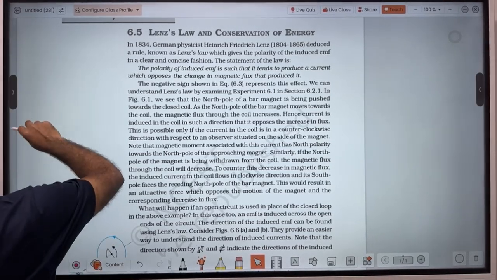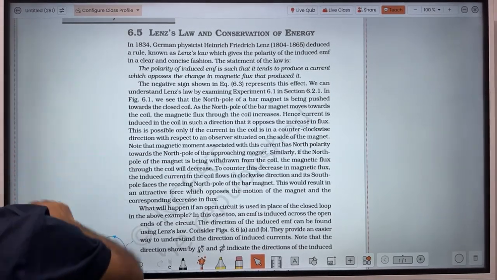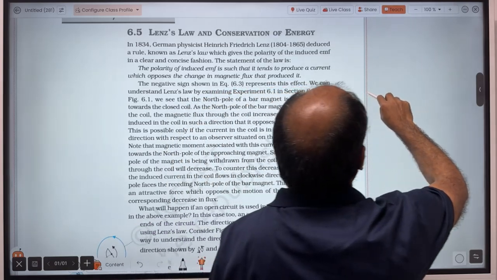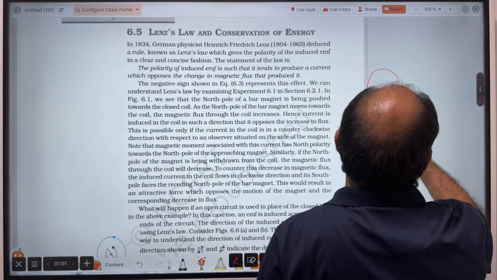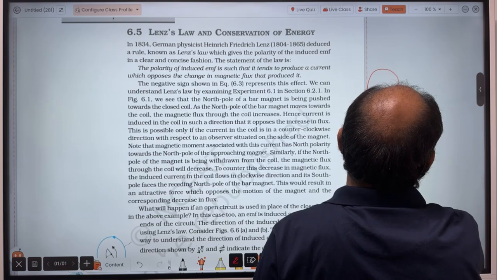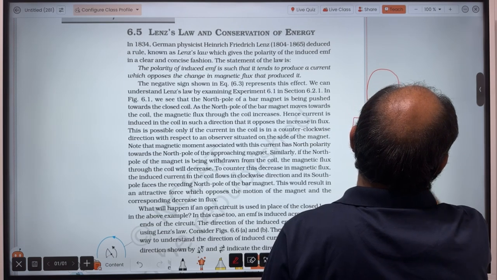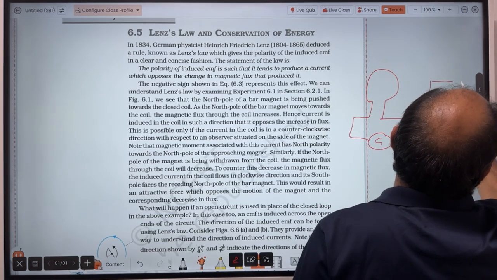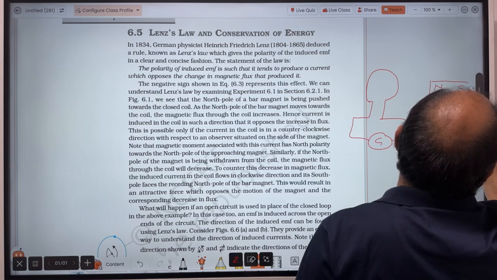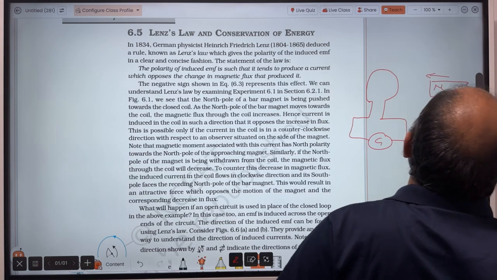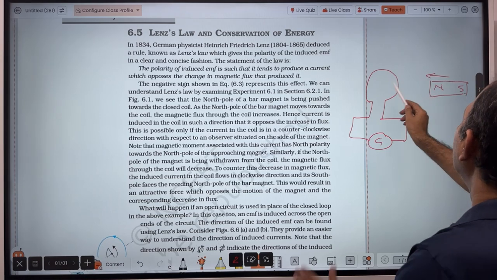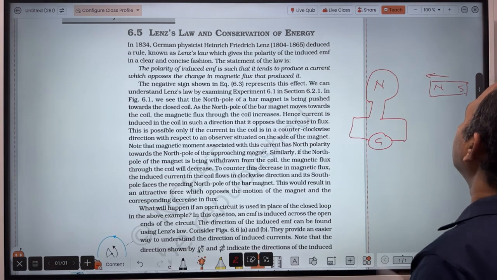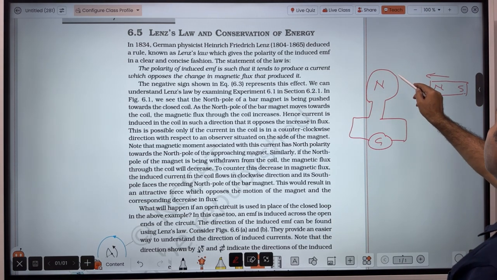For example, suppose this is a coil in which there is a galvanometer here, and you are bringing the magnet north pole to this side. What will happen? The direction of current will be such that here north pole should be created, right?